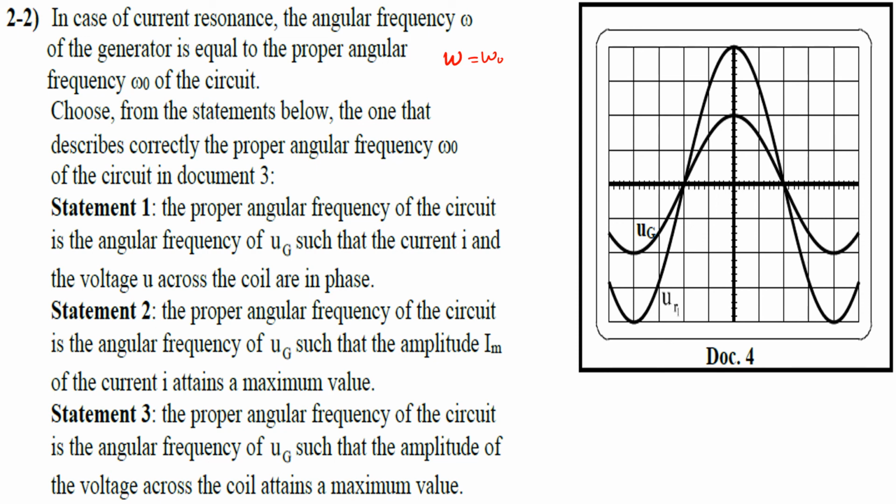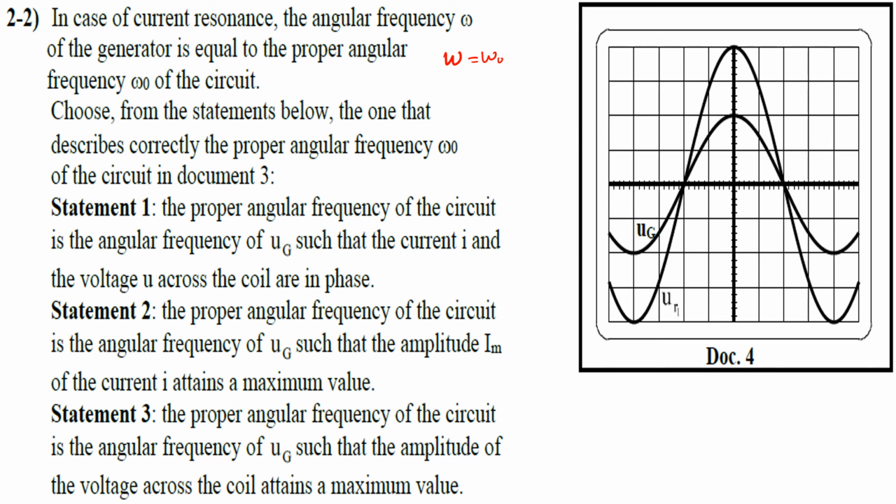So, statement 1. The proper angular frequency of the circuit is the angular frequency of UG. We said that they are the same, so till now it's correct. Such that the current I and the voltage U across the coil are in phase. Yes, they are in phase, so this is possible. We will see. 2. The proper angular frequency of the circuit is the angular frequency of UG, such as the amplitude Im of the current I attains its maximum value.